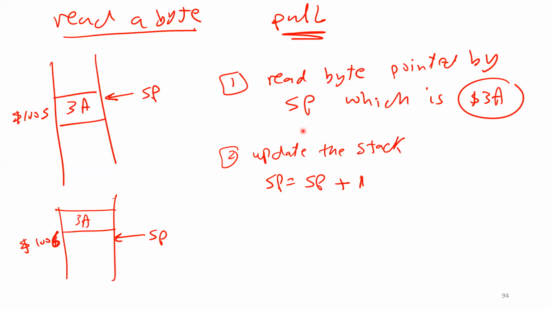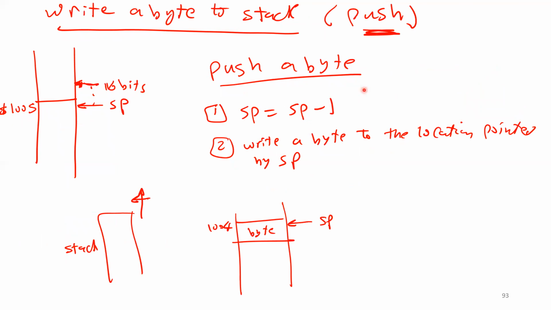Now, you can guess, what if I want to push a word instead of a byte? How does it work? It's exactly the same thing. The only difference is that I'm going to subtract 2. So instead of going 1 byte up, I'm going to go 2 bytes, and then I'm going to write a word. That's it. The only difference is I subtract 2, because I have to have two empty locations here, not only one.